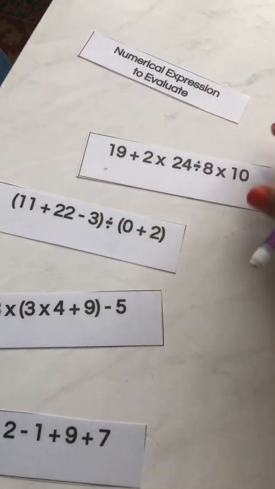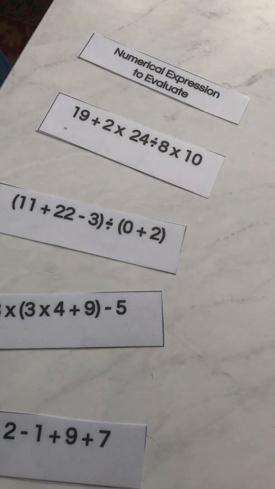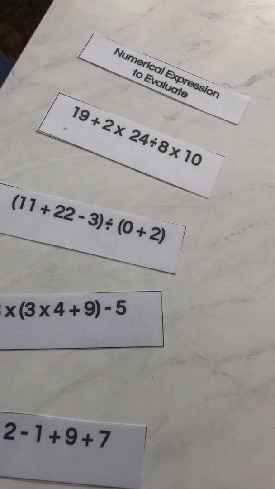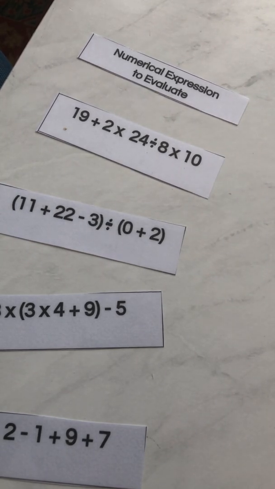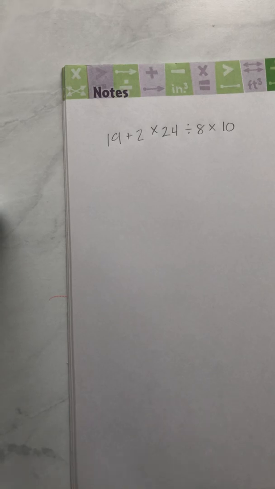I'm going to do this one. And then you're probably going to need to use some paper pencil to do that. So the expression is 19 plus 2 times 24 divided by 8 times 10. So what I did is I just flipped to the back of that book, and you can write them right in there. And then just write it across.